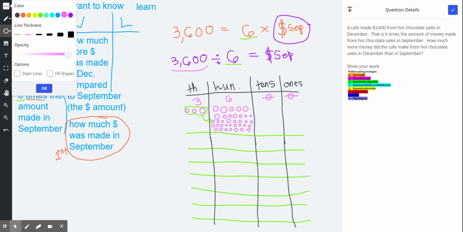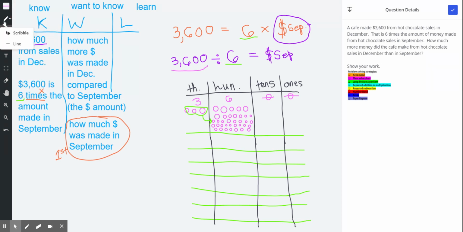All right, so I've drawn my 30 circles and I already had those 6, so now I know I'm good to go.